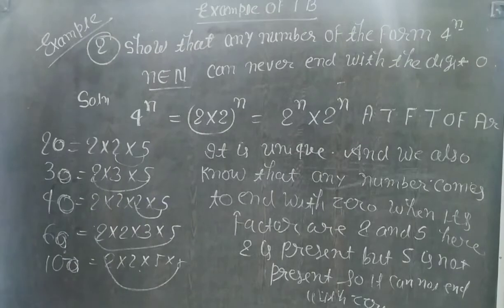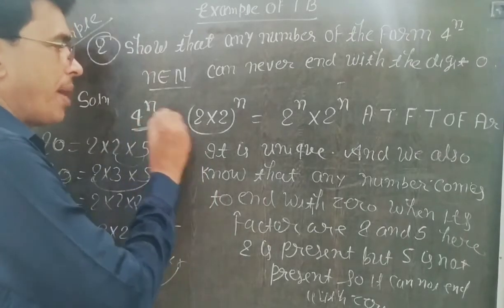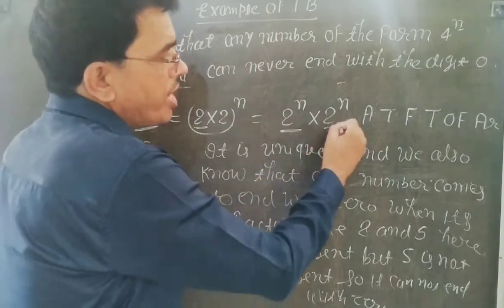Otherwise it is not possible. Any number you write, 100, 1000, 10,000, 20, 40, 60, 120, 140, anything, the factors of that number are compulsorily 2 and also 5. But when you express 4 to the power n as 2 into 2 to the power n, then your factor is only 2.